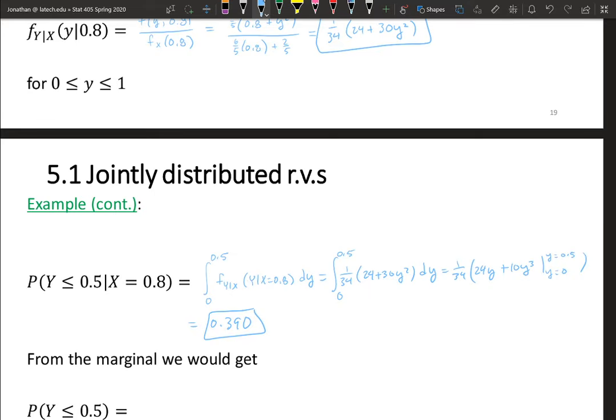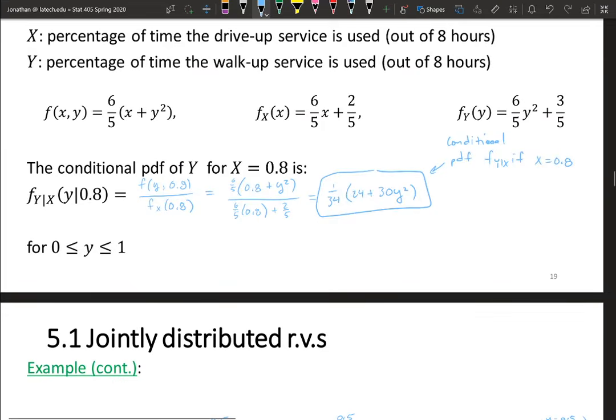So that's the probability that the outside window, or, let's see, make sure that's the walk-up. Yeah.